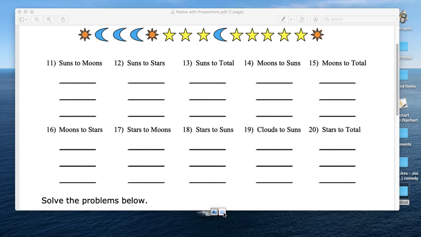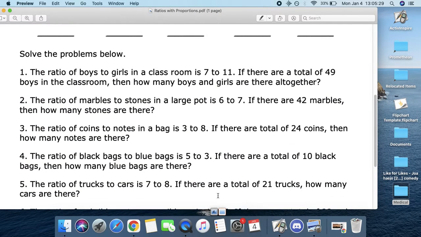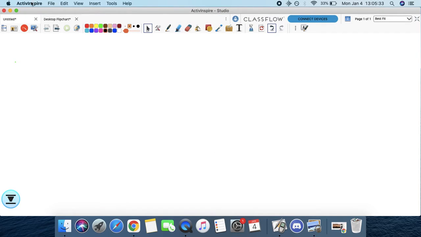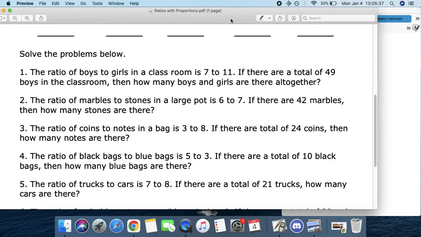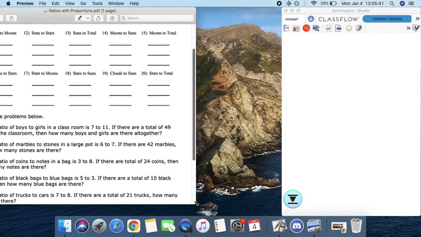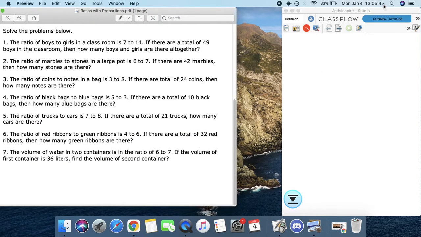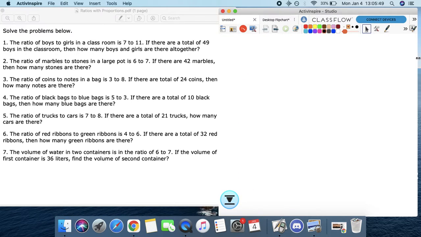Let's move on to the bottom ones. Oh, this one I might need a table. So I'm much better off if you set up a table here.